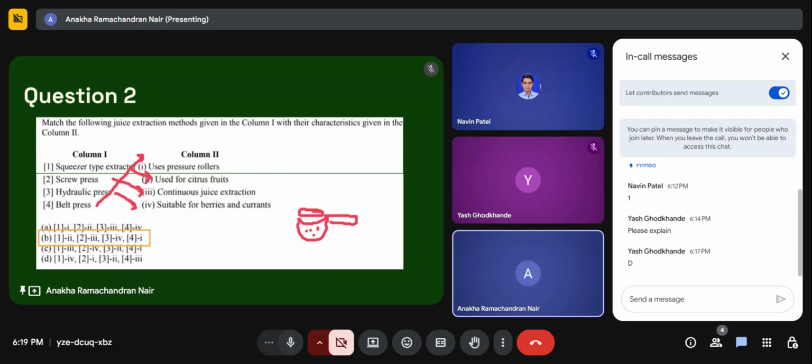Is that clear? Do you have a doubt in this?